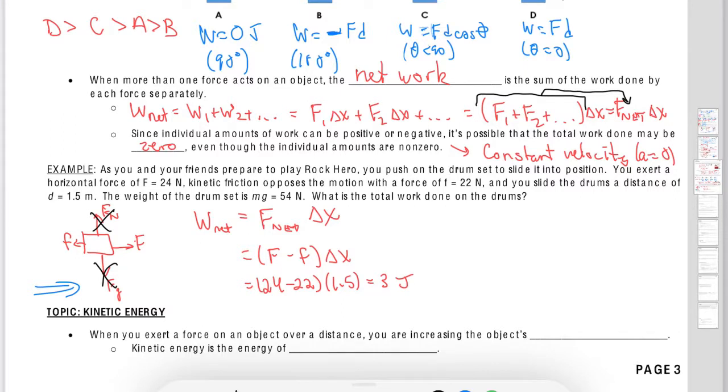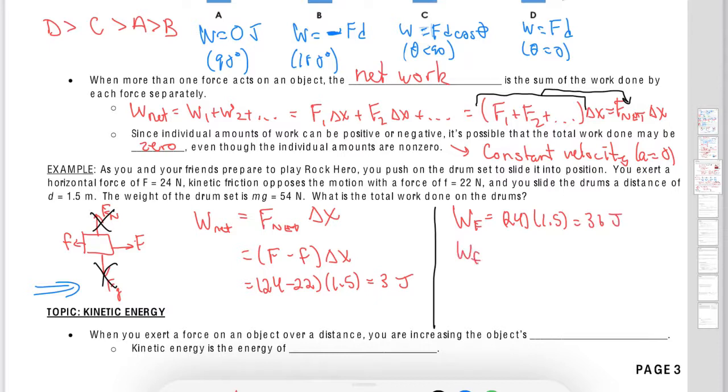You can also treat them separately. So I would say, okay, how much work does capital F, the force I'm pushing with, do? The work done by capital F will just be 24 times 1.5, which is 36 joules.